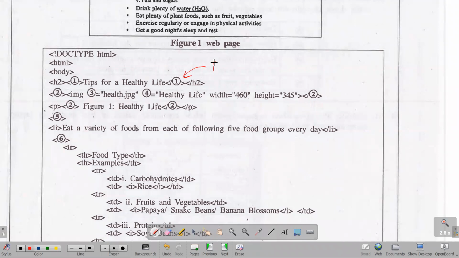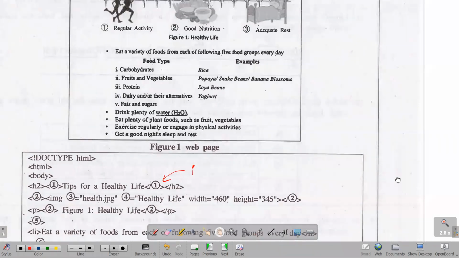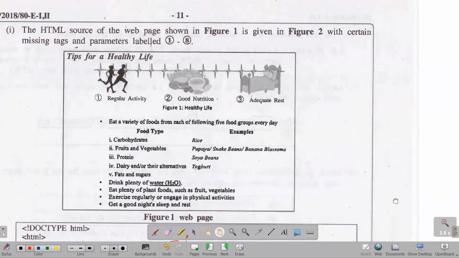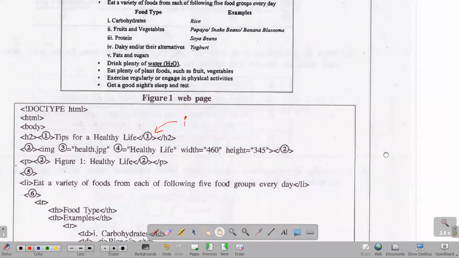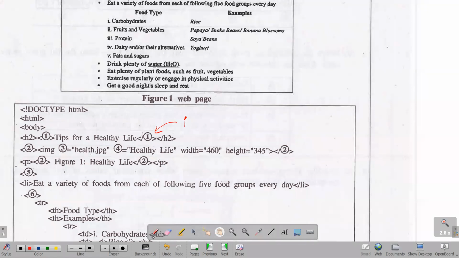Right, the image, it is being center aligned. Right, so we can take 2 as center and 3 as SRC, fourth one as ALT.